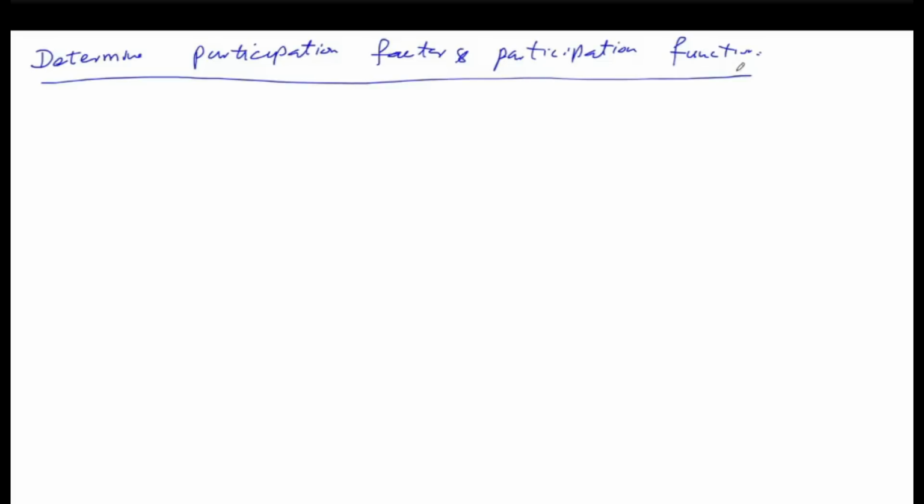So we have to determine the participation function for each mode and then sum the participation functions for all modes to verify that a unity vector is created. So this will demonstrate that our calculations are accurate and we do not have any problem. So let's do this for the first mode.